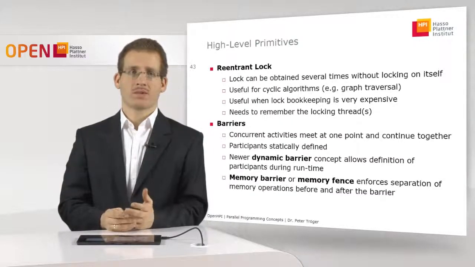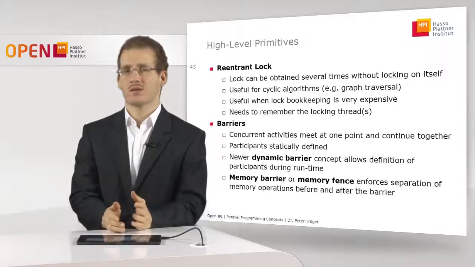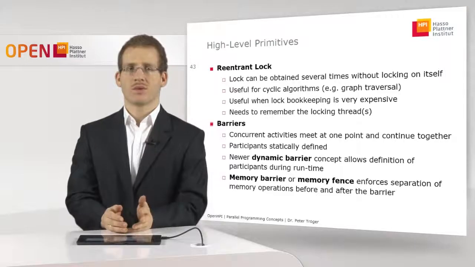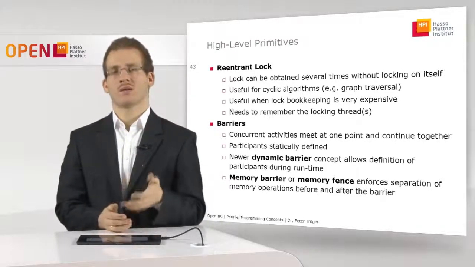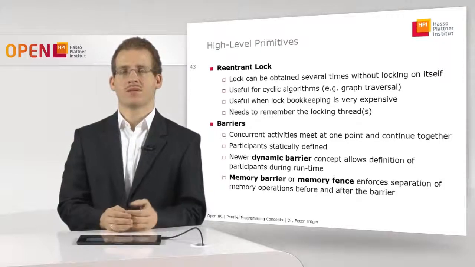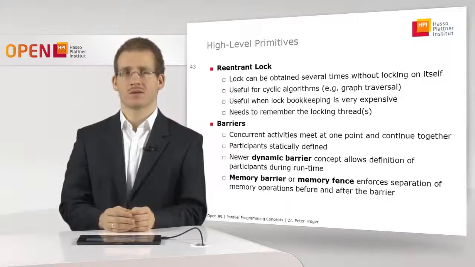The next example for high-level primitives is a so-called reentrant lock. We already discussed that with the mutex example. A reentrant lock has a special semantic that you can reacquire the lock several times without any kind of counting semaphore variable being increased constantly.